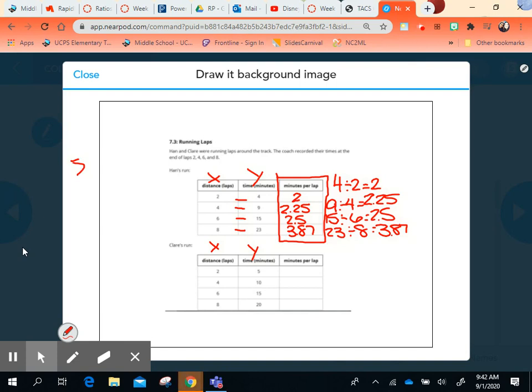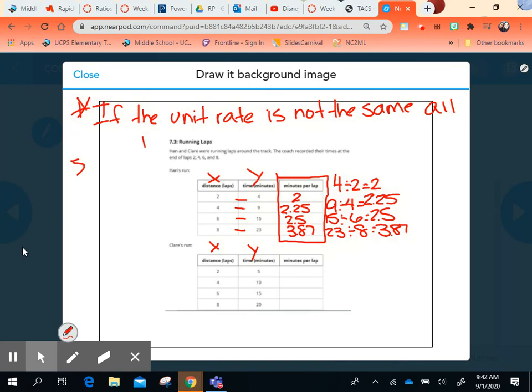And this is a good little note for you to write, like star it: if the unit rate is not the same all the way down the table, it is not proportional.